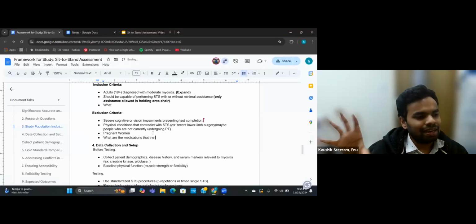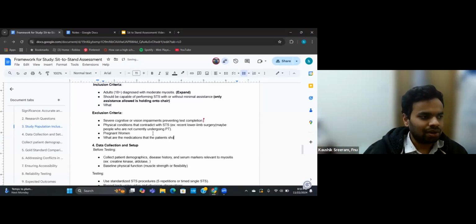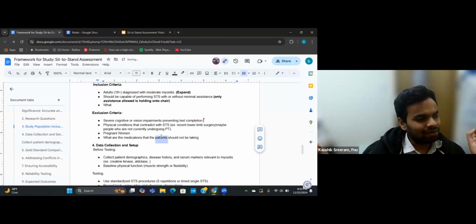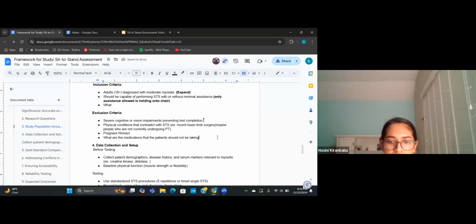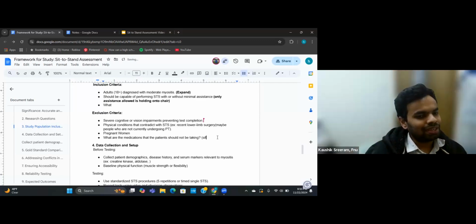It could be that it is influencing your study outcome. In our case, it's not there, but if you're doing any medication study, the study medicine will have side effects with the other medications that the patient might be taking. That is the reason why they put that in exclusion criteria.